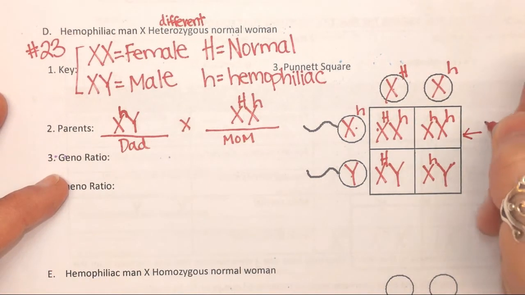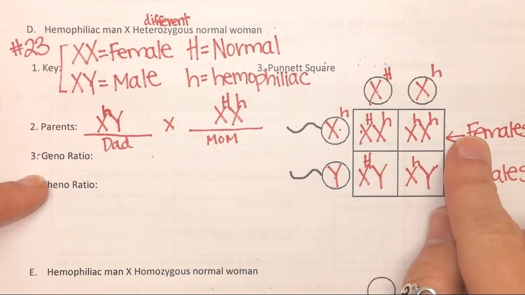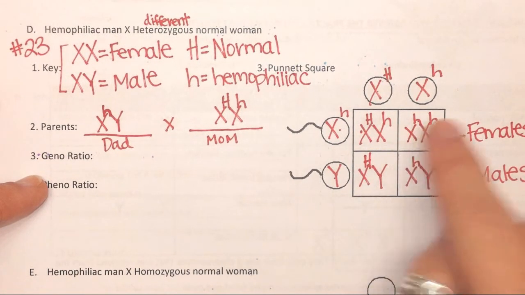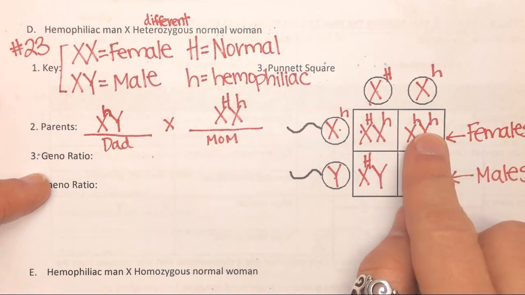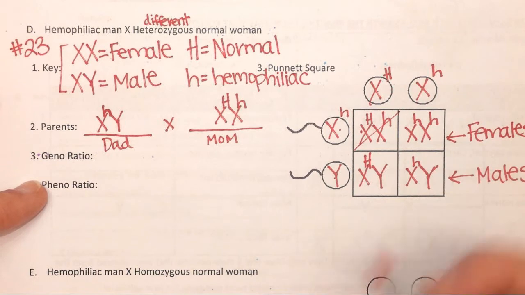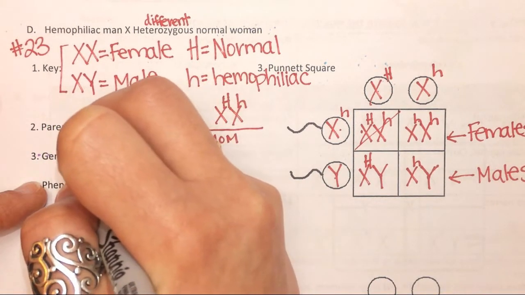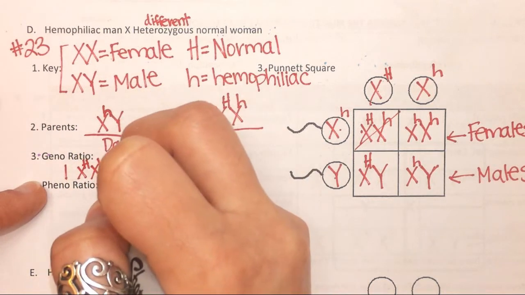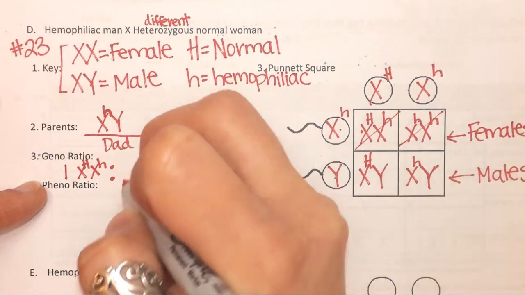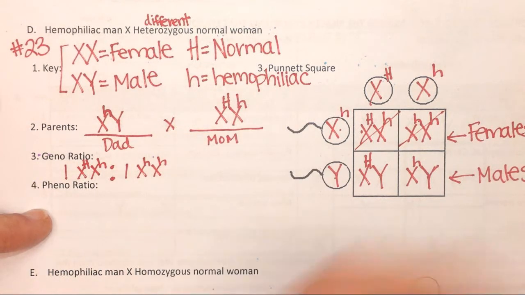Remember that we have to look at females and males differently. So for the genotype, first start with the females. We can see that we have a different combination for each of these, so we're going to write out each combination that we received and cross it out as you go. You are going to write 1 XX, big H, little h, and you have 1 XX, little h combination.